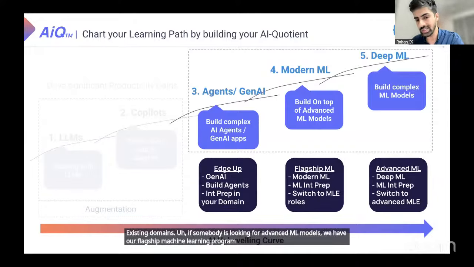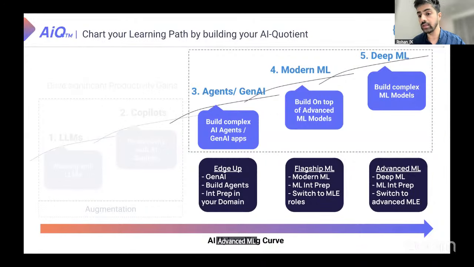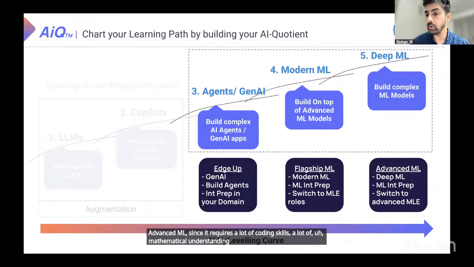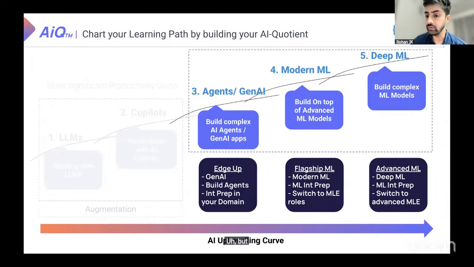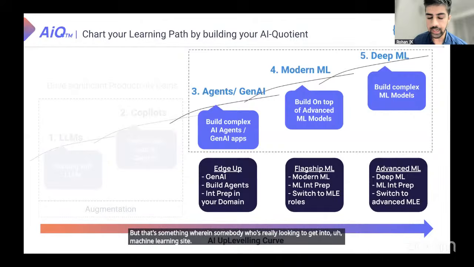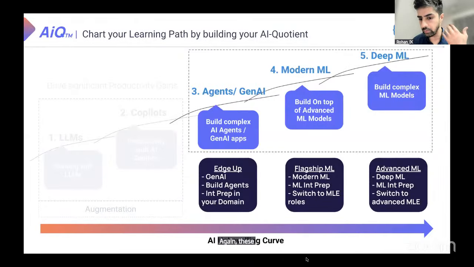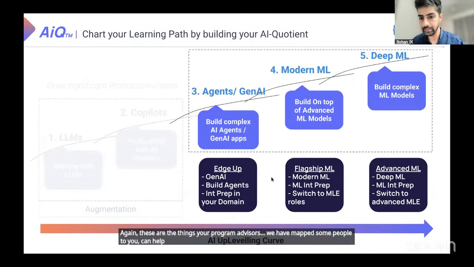This is one of the best selling along with Edge Up. Advanced ML requires a lot of coding skills and mathematical understanding. We do help you build that, but we do require a very strong foundation in that. Otherwise, it's not something that we would recommend. But it's for somebody who's really looking to get into the machine learning side. Again, your program advisors, we have mapped some people to you, can help you understand better.